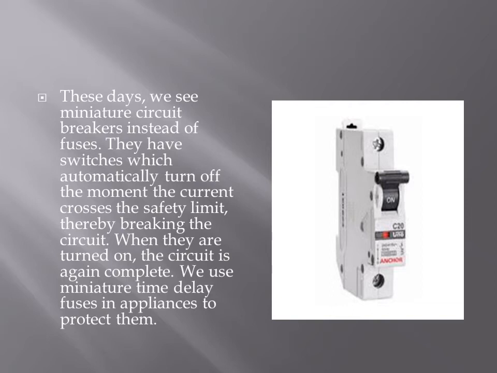We use miniature time delay fuses in appliances to protect them. These MCBs are used in place of fuses, and this is a very safe device, which automatically turns off when the electricity crosses the safety limit. So this is very helpful for human beings.